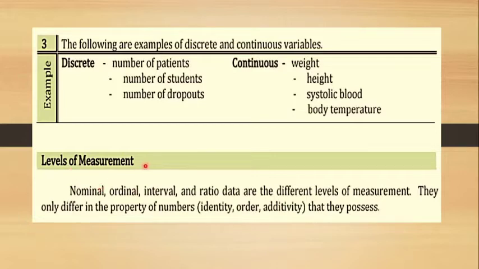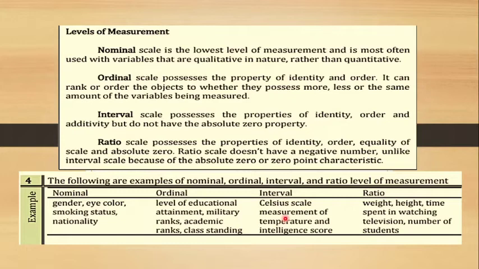Levels of measurement. So we have here nominal, ordinal, interval, and ratio data are different levels of measurement. So they only differ in the property of numbers, identity, order, additivity that they possess. So what is nominal, ordinal, interval, and ratio?